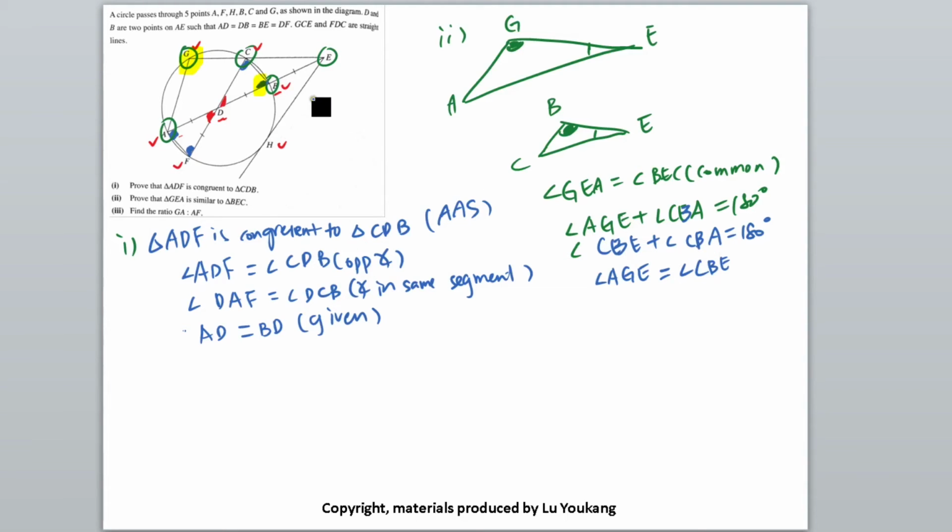And this question is supposed to be simple. So I just have to write: therefore, my triangle GEA is similar to my triangle BEC.